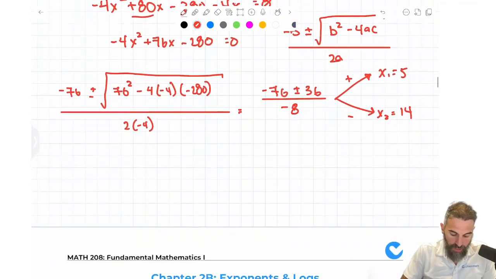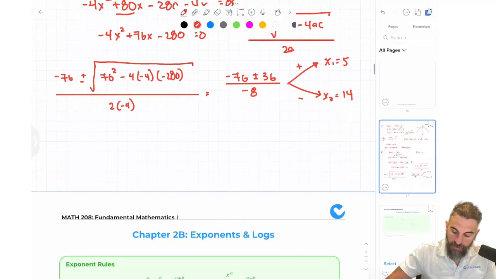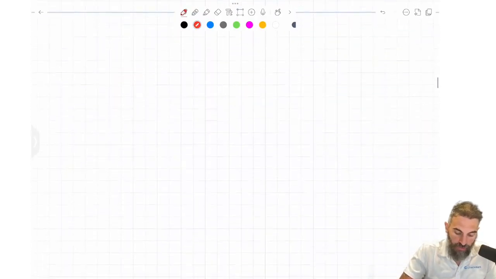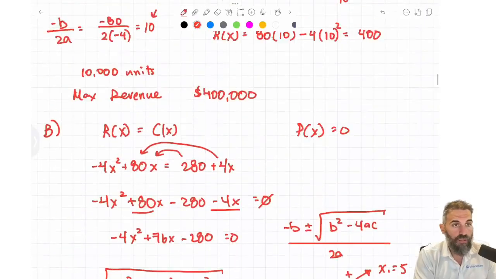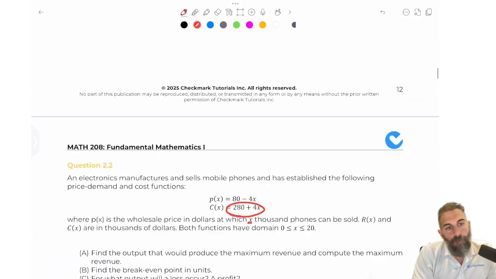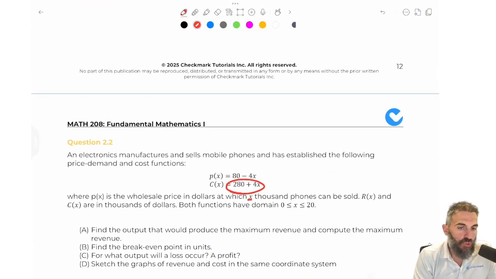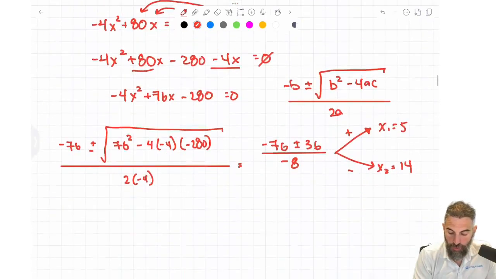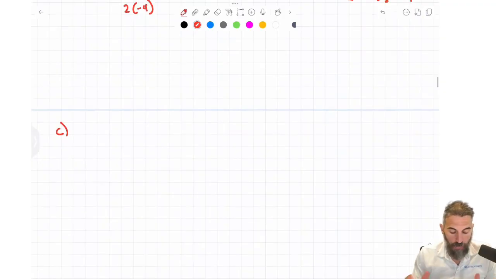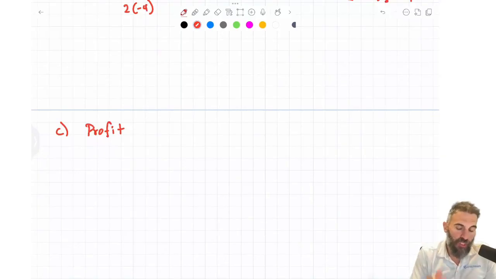Okay. C. Let's give ourselves some more room here. For what output will we incur a loss, and for what output would we turn a profit? So remember what I said. You earn a profit between your break-even points, but you don't want to include them.